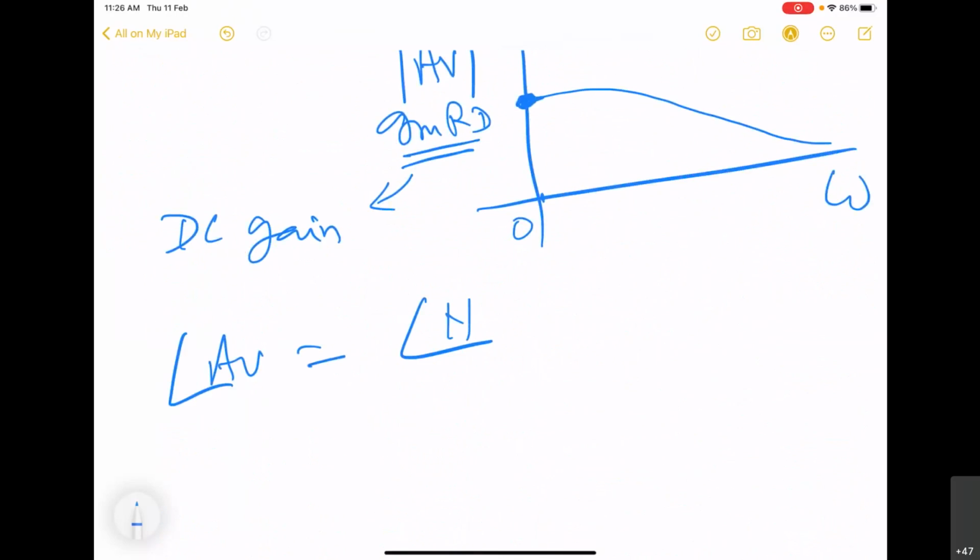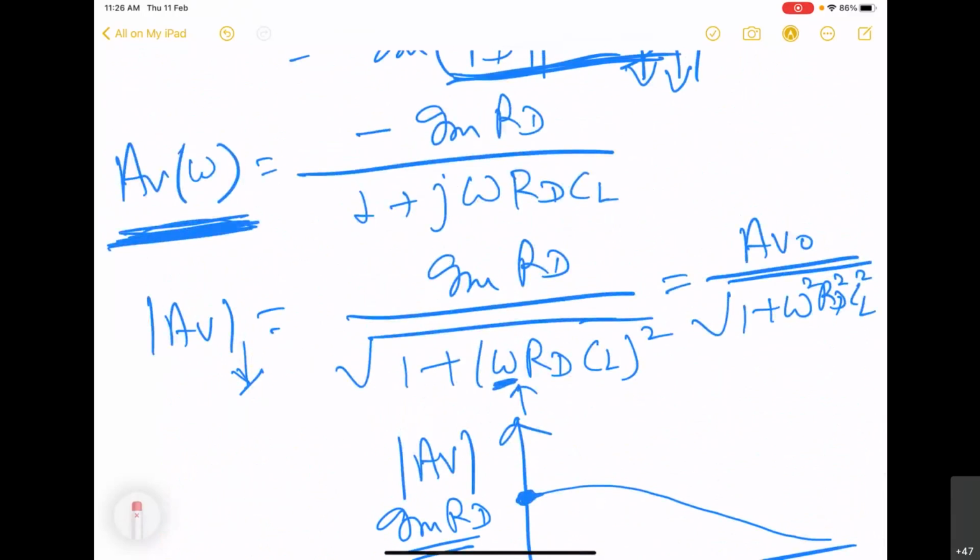So now when you try to find the phase of this, it will be the phase of the numerator minus the phase of the denominator. Here we have the numerator as minus GmRD, so its phase is going to be pi, because this can be written as GmRD e raised to the power j pi.